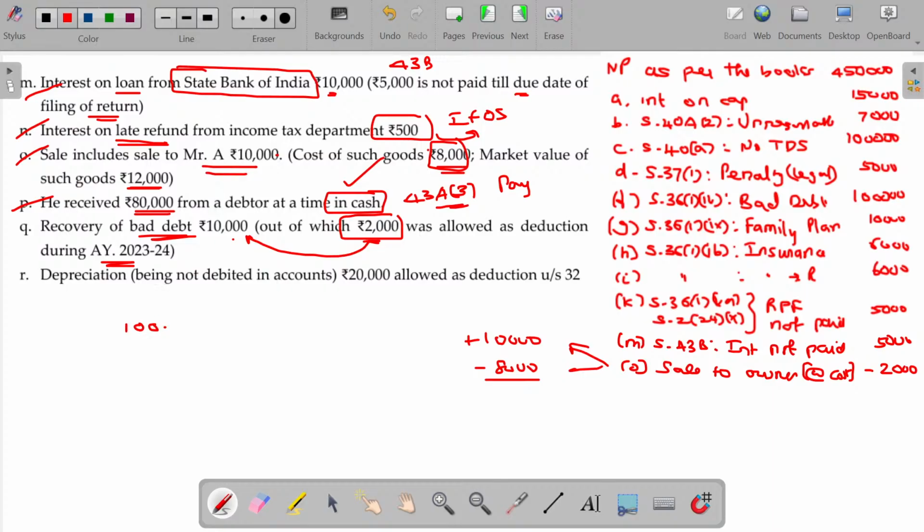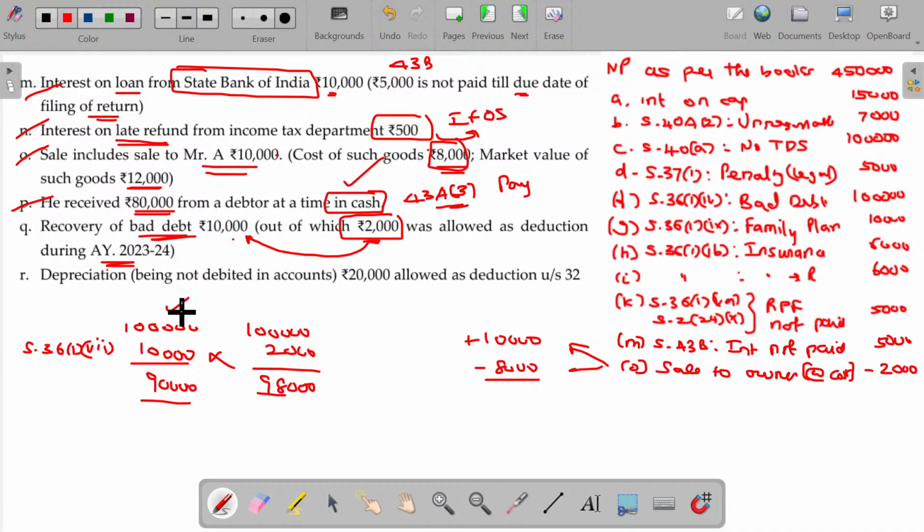Actual amount being 1 lakh. We claimed bad debt under section 36 clause 1 sub-clause 7, 10,000 rupees, and we wrote down the debtor's balance, but the income tax department says no sir, out of 1 lakh I allow only 2,000 rupees, so 98,000 is shown for taxation purpose.